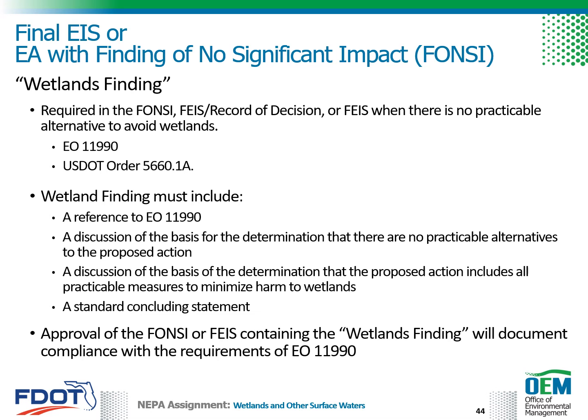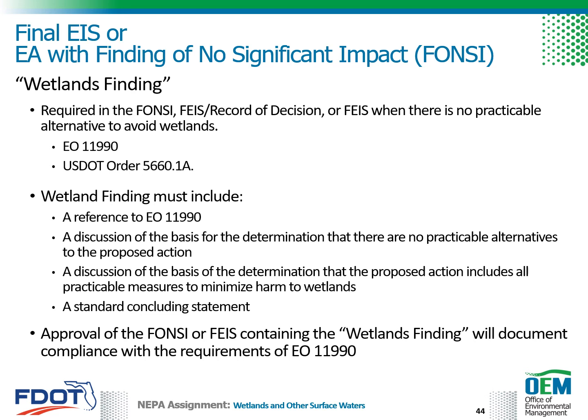When there is no practicable alternative to an action which involves new construction in wetlands, the final document must contain the wetlands finding required by EO 11990 and US DOT Order 5660.1A. This may be a FONSI, FEIS, or Record of Decision, ROD.